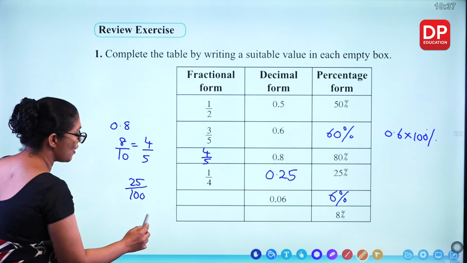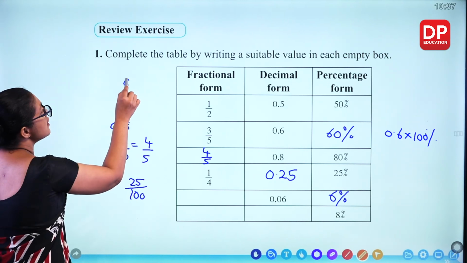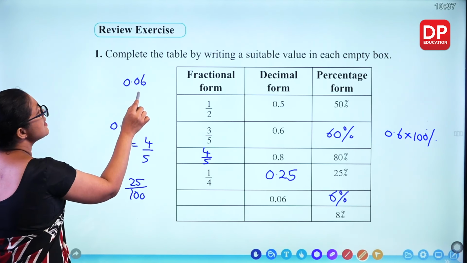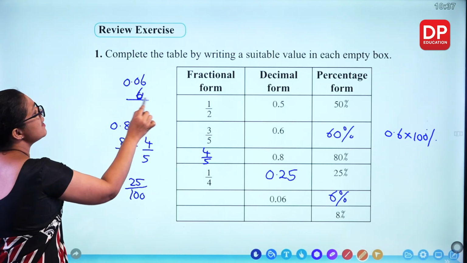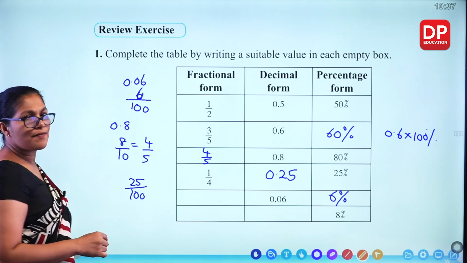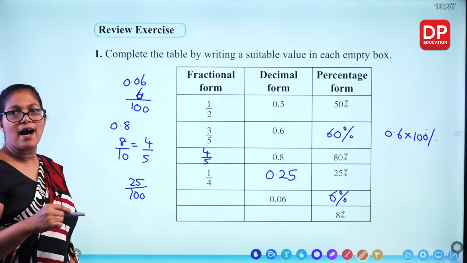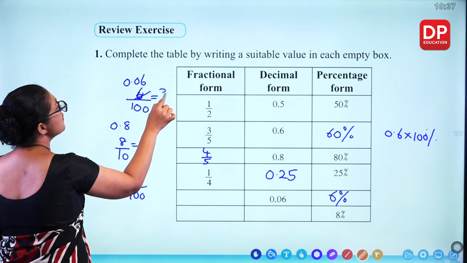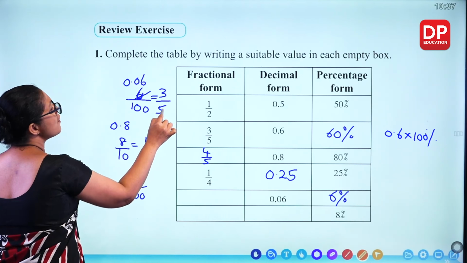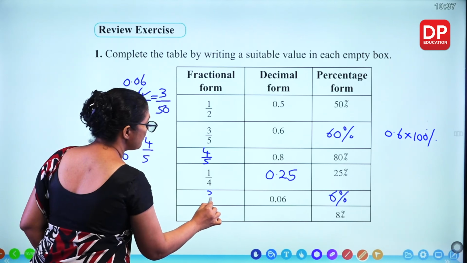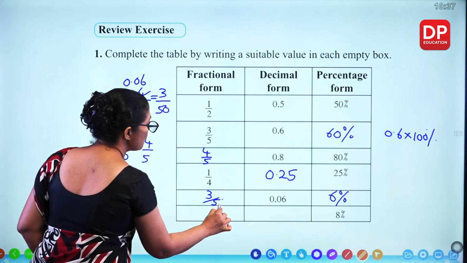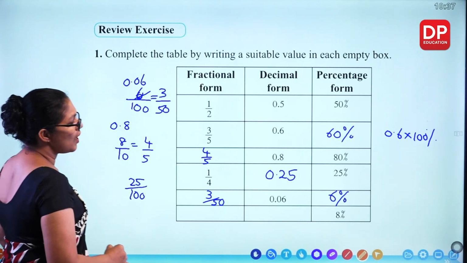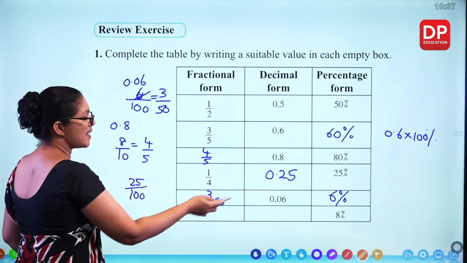Now the other way around, you find the fraction. How can you find it? 0.06 means 6 divided by 100 as a fraction. 6 over 100, divide by 2, you get 3 over 50. And this one, 8% is given.